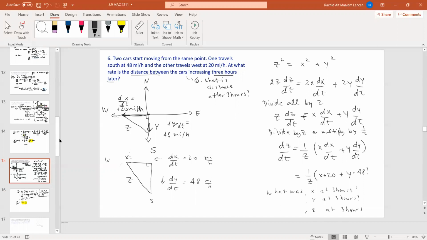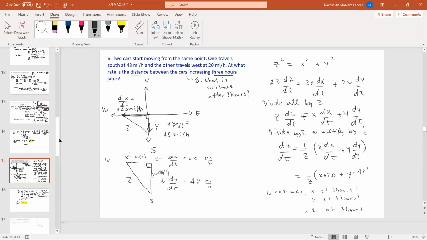So that's what this states. 20 miles per hour west, 48 miles per hour south. It gives us this triangle. So we need to find this x distance at 3 hours, so it's going to be 20 times 3, and this y distance after 3 hours, it's going to be 48 times 3.